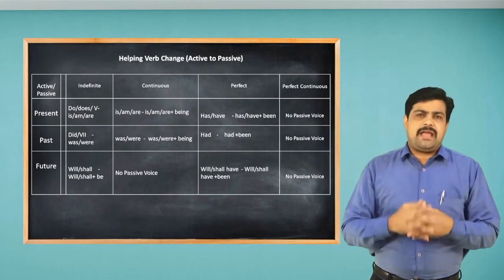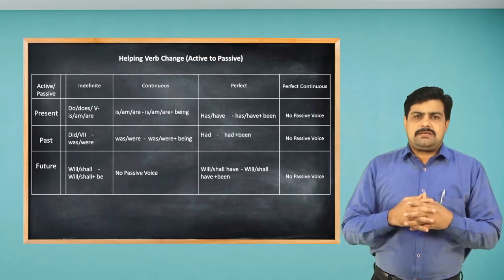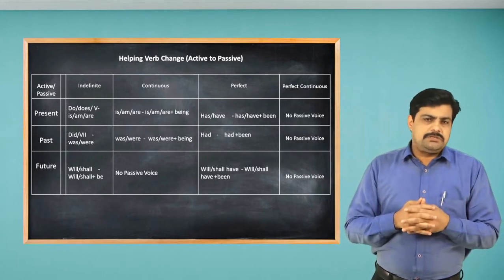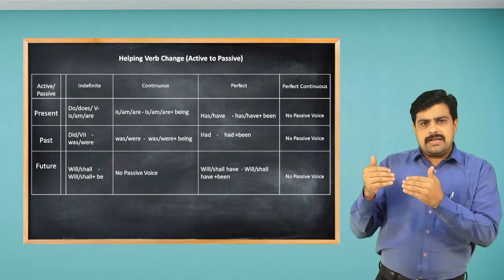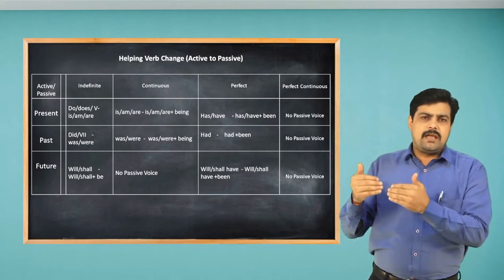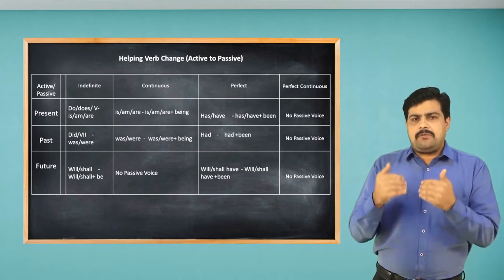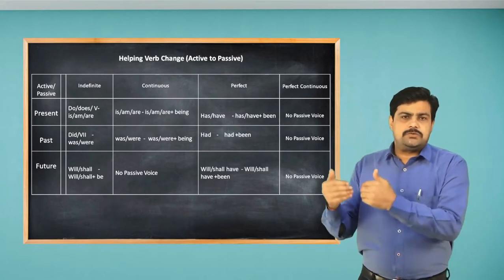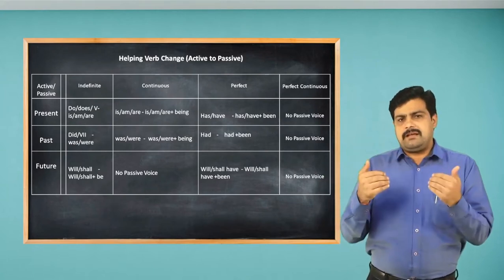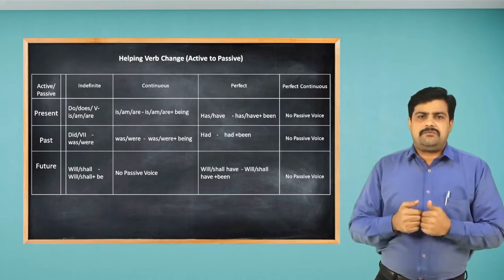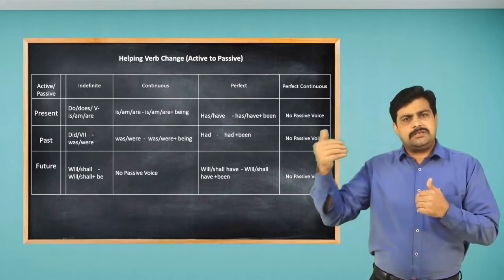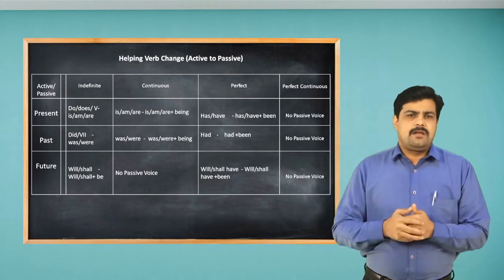In past tense, we have did, and the second form of the verb generally used in past indefinite tense, that is changed in passive voice to was or were. Likewise, was and were are changed into was, were plus being, and in perfect tense we have had, and had is changed into had been.